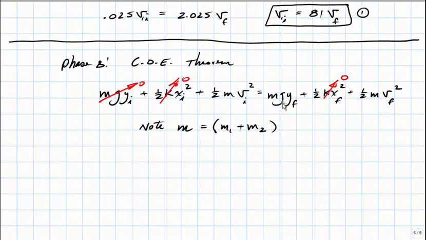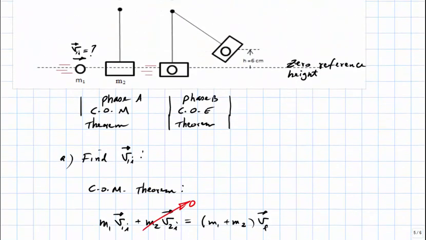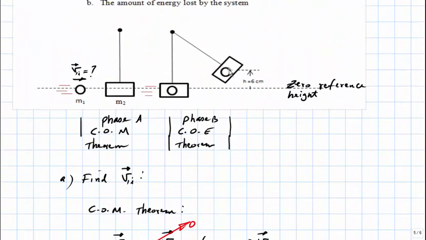On the right-hand side, we certainly have an elevation at the end of phase B, so this term does not disappear. However, at maximum height, the system has no velocity. There's the maximum height, and once we attain maximum height, the final velocity equals 0 at that point.